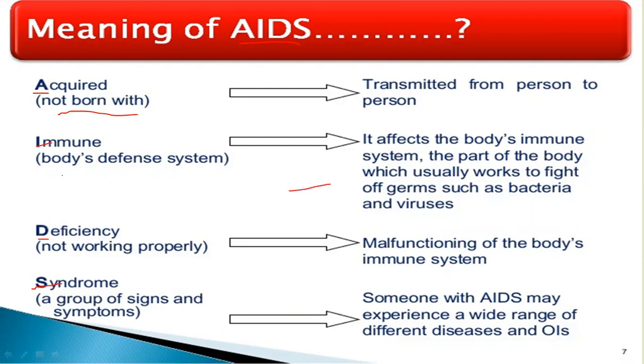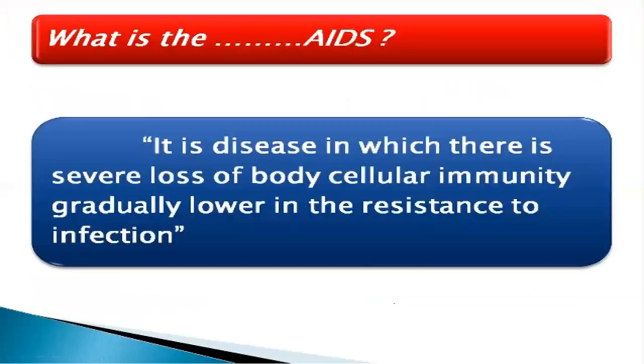The next one, it attacks the body's defense system, like the human immune system gets weaker and weaker and does not work properly, and a group of signs and symptoms is called a syndrome. So AIDS patients may experience a wide range of different diseases and OIs. We will talk about them after some time.